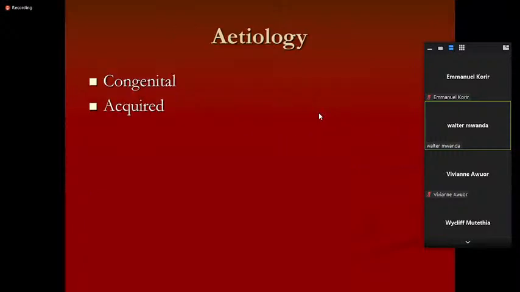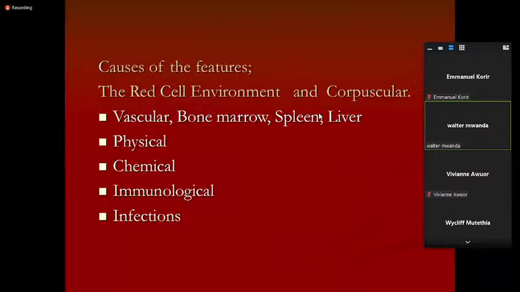These changes generally can be divided into two main groups. They may be congenital or acquired. As we know, most of the conditions, disease in type or normality, may be due to congenital or acquired causes.